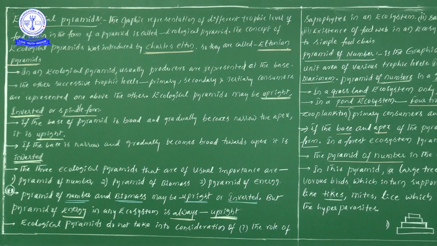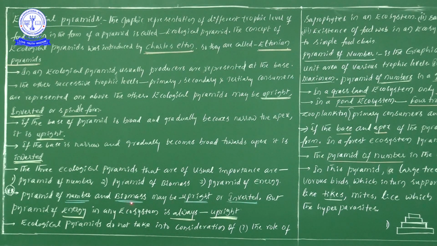Now, a very, very important point. The pyramid of number and the pyramid of biomass may be upright or inverted.